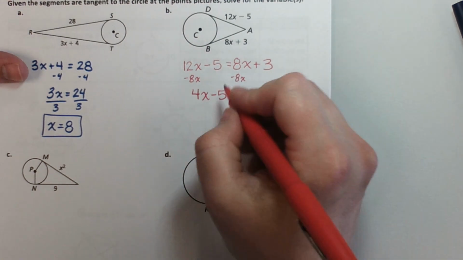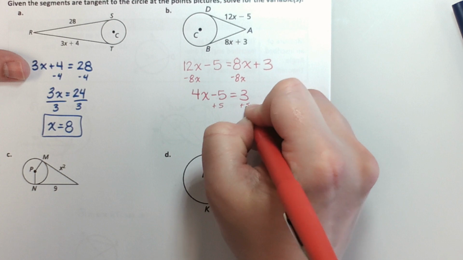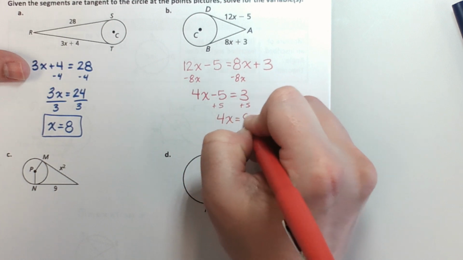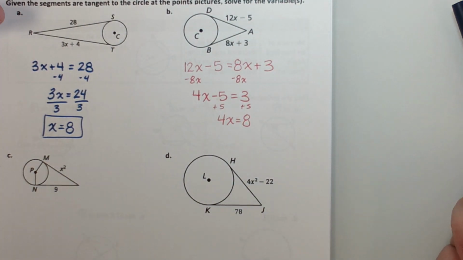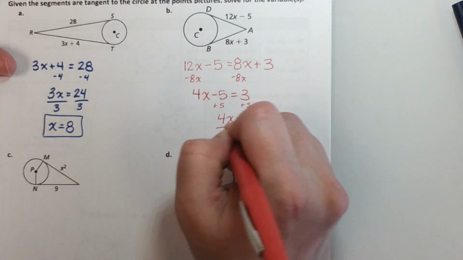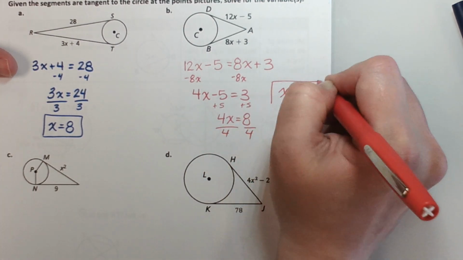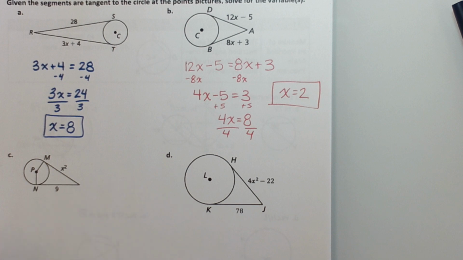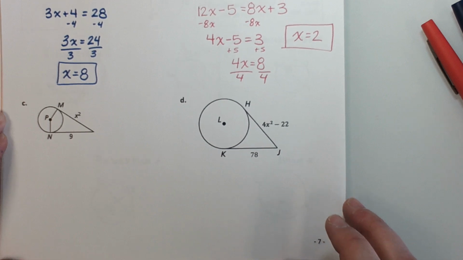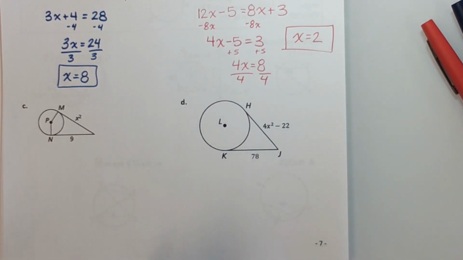You can add the 5 to 3. 4x is equal to 8. Divide by 4, x is 2. So, a little more challenging, but still linear algebra.